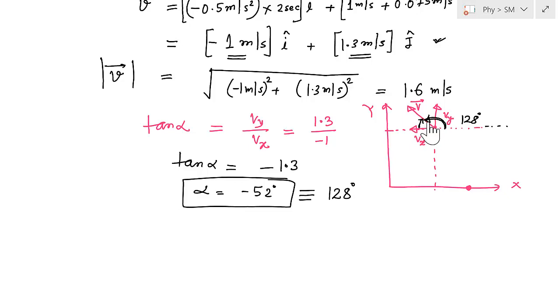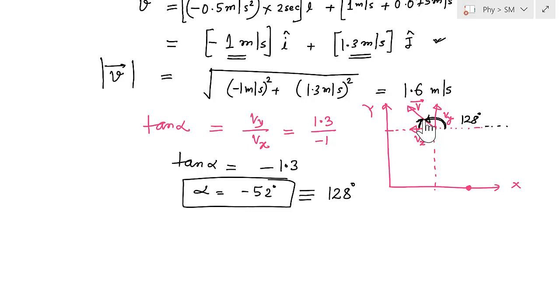Same thing: either you measure the angle from the positive direction of the x-axis, or you give the answer as negative, but in that case you measure from the negative direction of the x-axis.